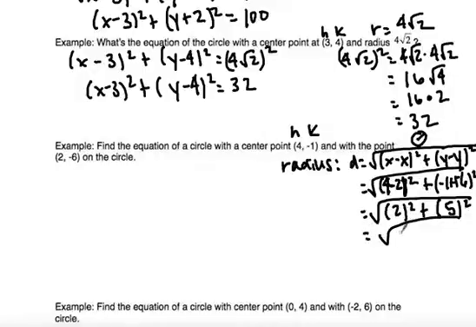So I'd have 2 squared, which is 4, and 5 squared, which is 25. So my radius would be the square root of 29.